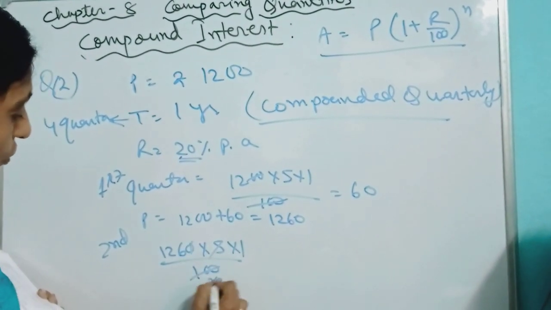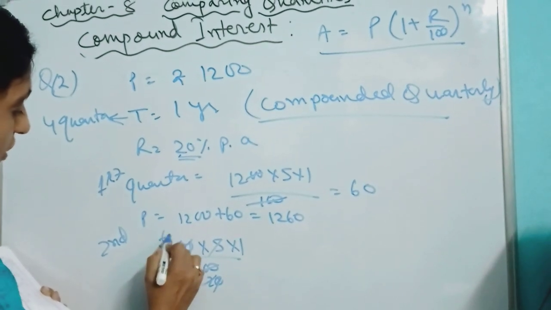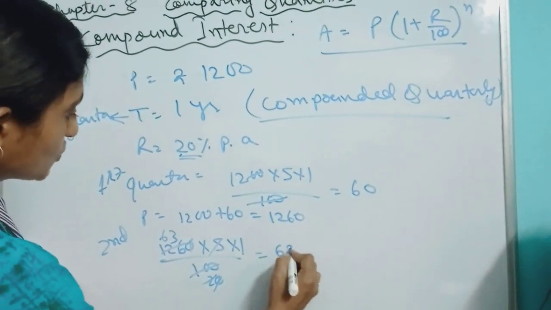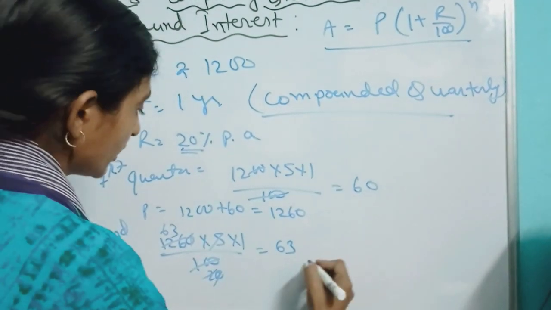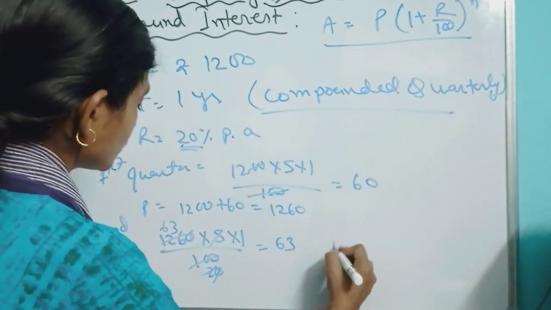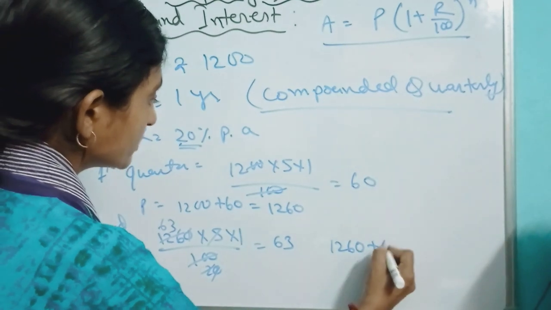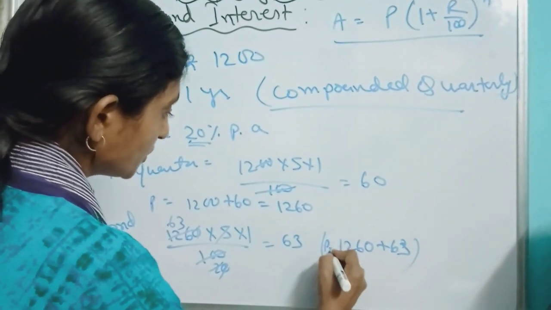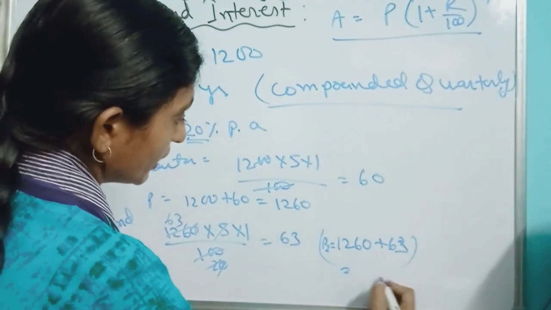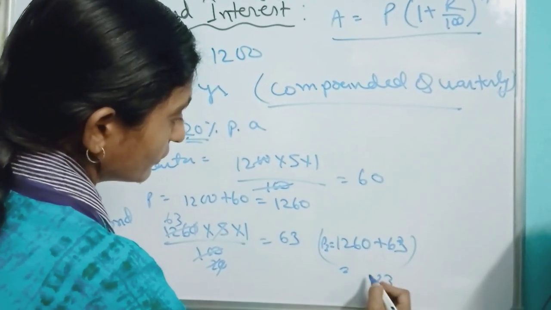It becomes 63. Now it will be included with that principal. So earlier that principal was 1260 plus 63. This is the third principal, that means P3, it will be 1323.